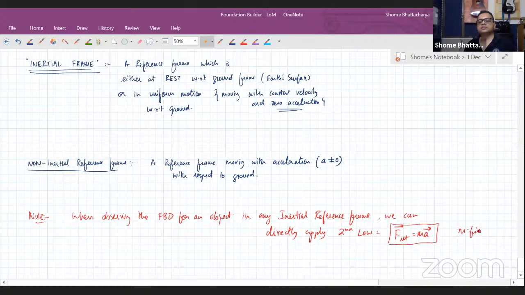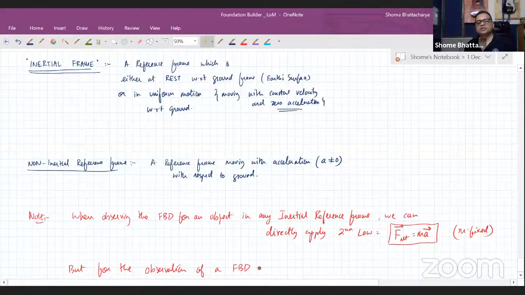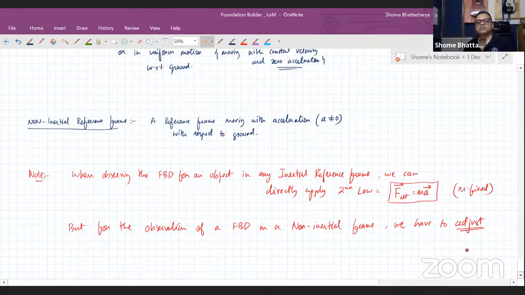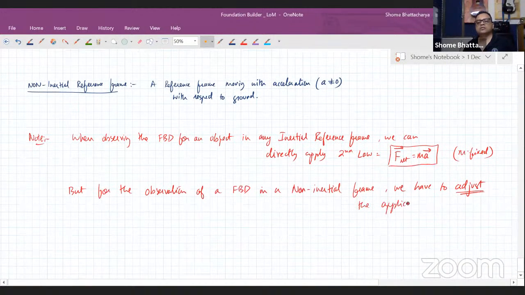Of course, mass is fixed. But for the observation of a free body diagram in a non-inertial frame, we have to adjust the application of Newton's second law with the addition of something called a pseudo force.